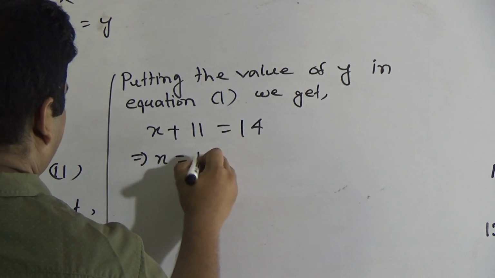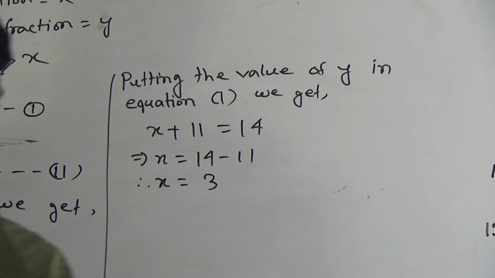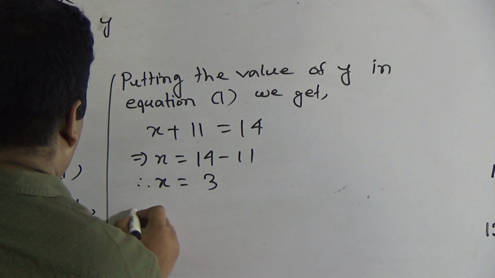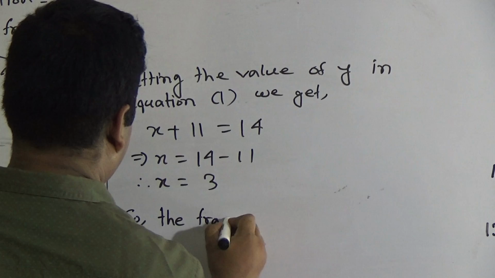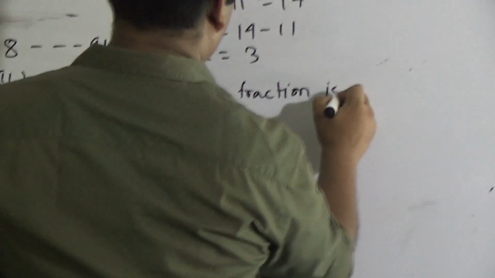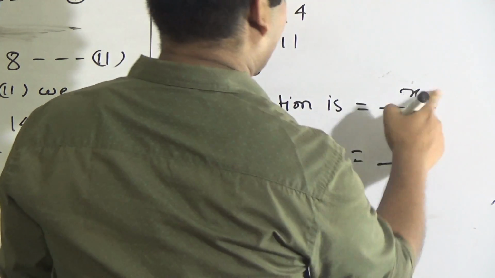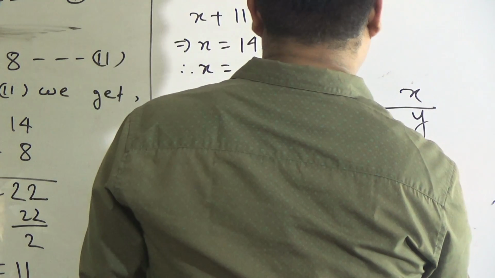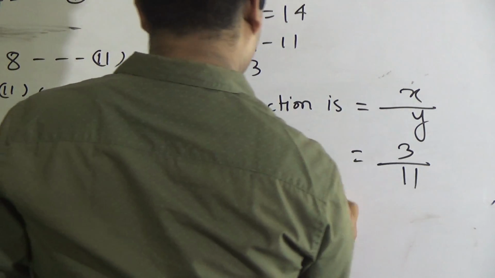Now x equal to 14 minus 11, therefore x equal to 3. So we find out the fraction now. So the fraction is numerator x and denominator y. The value of x is 3, y is 11. So the answer is 3 by 11.